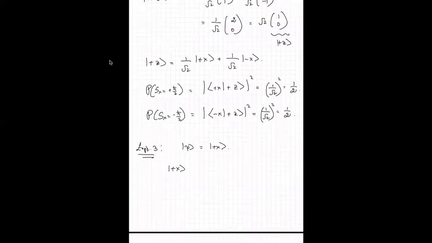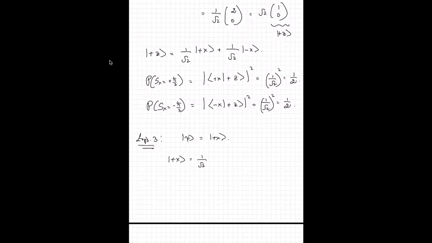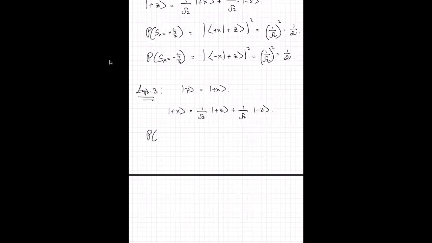Plus x is basically 1 over root 2 times plus z plus 1 over root 2 times minus z. Okay. So in this way, since it's a linear superposition of the two states, I know that the probability of getting Sz equal to plus h bar over 2 is the overlap of the plus z on the state of the system, which is plus x, which is 1/2, and the probability of getting Sz equal to minus h bar over 2 is the overlap of the minus z state on plus x, which is again 1/2.